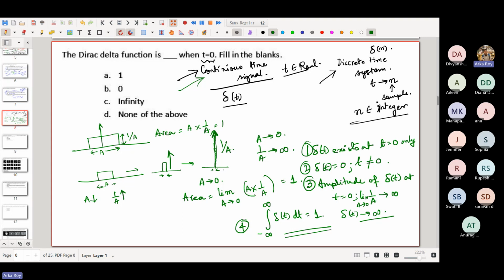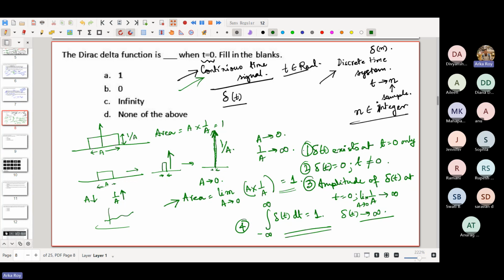Now the integral, if you have been given any graph, is basically the area under the curve. The area under the curve is what we have evaluated here: area equals limit a tends to 0 of a into 1 upon a, which yields 1. That is why the integral from minus infinity to infinity of delta t dt is equal to 1.